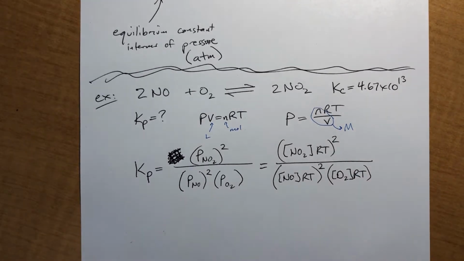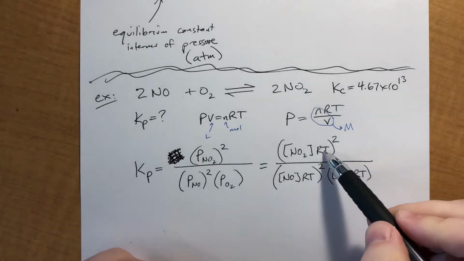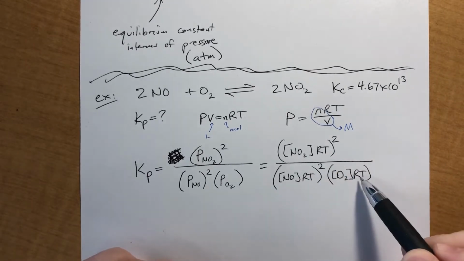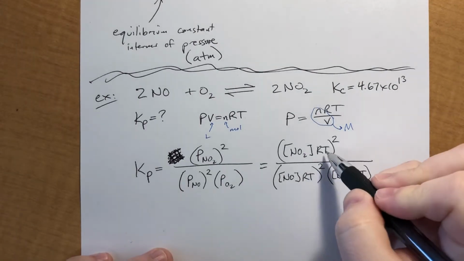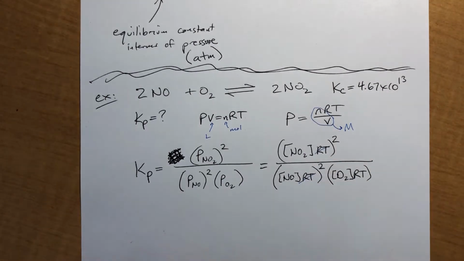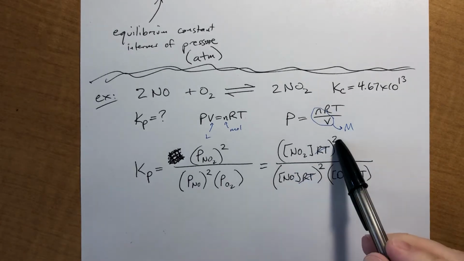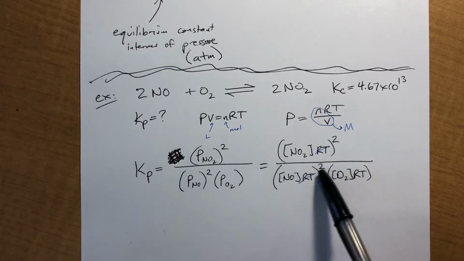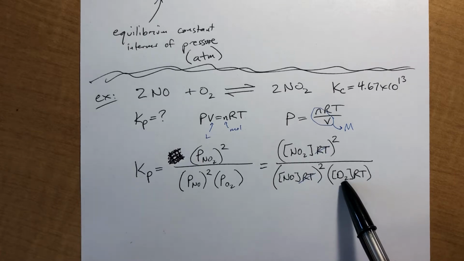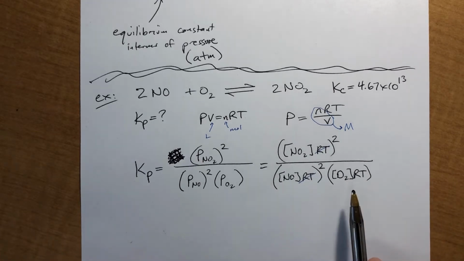All these RTs make things a little bit difficult. This would be RT squared on top and RT cubed on the bottom, so the squared ones cancel out. If you ignore the RT, this is basically NO2 squared divided by NO squared and O2, which is essentially Kc, and we have an RT on the bottom.